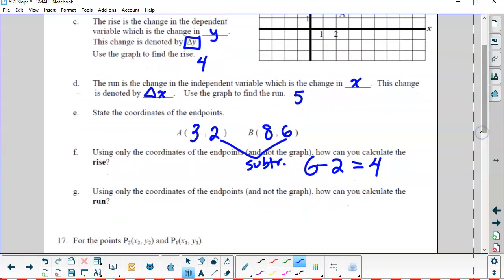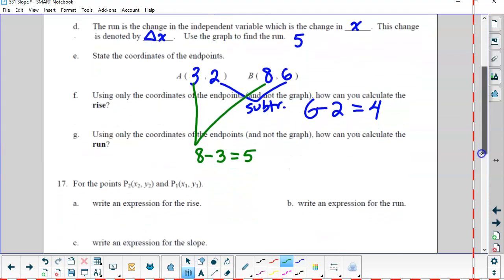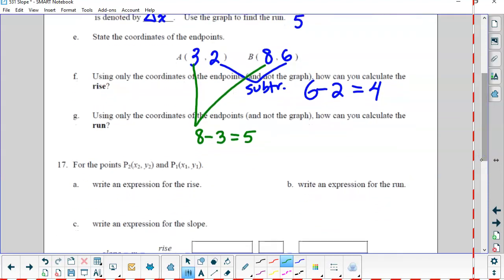Then for the run, we know it's 5. Well, 8 minus 3 is 5. So we're subtracting the y values, subtracting the x values. So, in general, the expression for the rise would be y2 minus y1. For the run, it would be x2 minus x1.